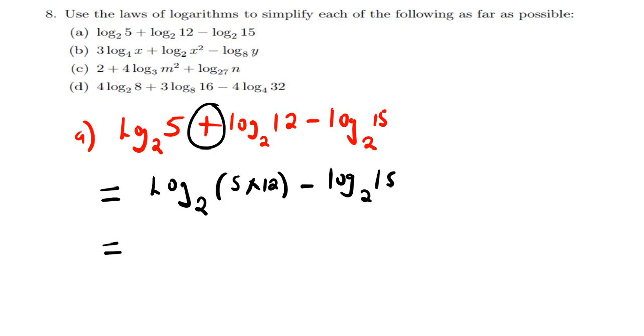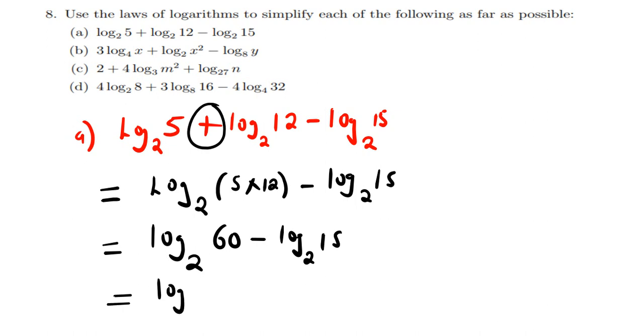Now when I find the log, the base is 2, of 5 multiplied by 12, 5 multiplied by 2, that is like a 10, 5 multiplied by 1, that is 1, plus that 1, that is like a 60. So that is that, minus the log of 15. Now the base is the same, I'm going to say log 2. Okay, now because we're subtracting. When you're subtracting two logarithmic functions, what do you do to the corresponding values?